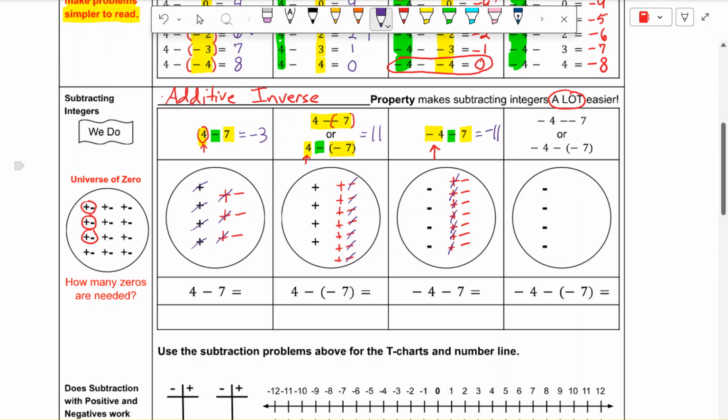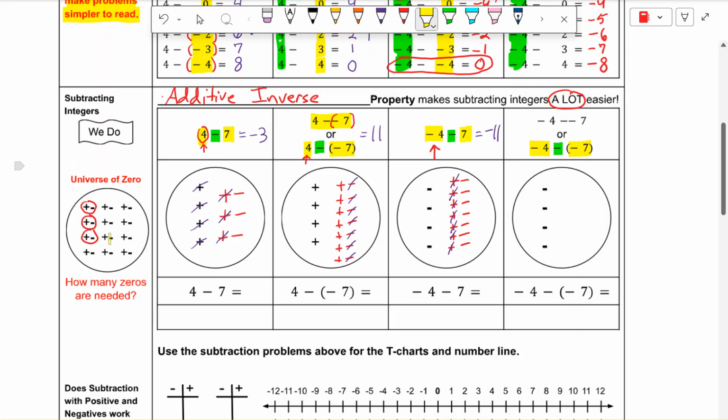And the last one is one of those crazy ones to read. -4 minus -7. So we use parentheses on the back numbers, -4 minus -7 to make it look cleaner. And -4 has already been populated into the universe of 0. And we are looking to take away 7 negatives. All right, well, there are 4 negatives inside there, but that's not enough. We need 3 more.